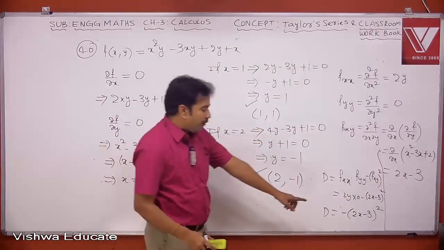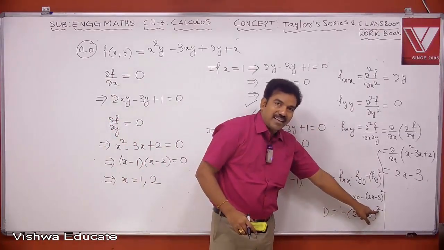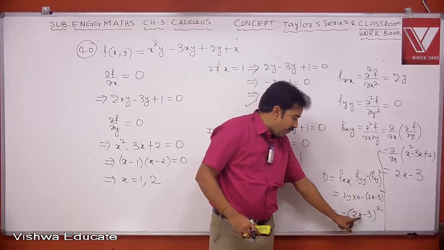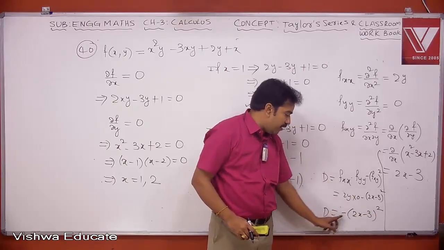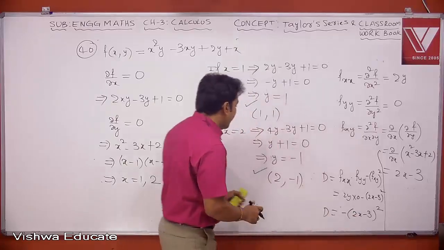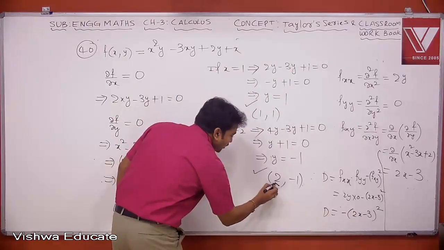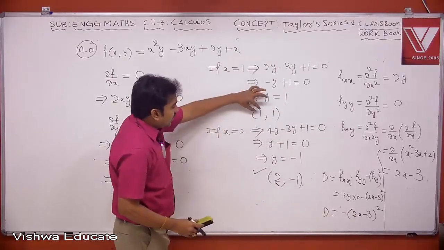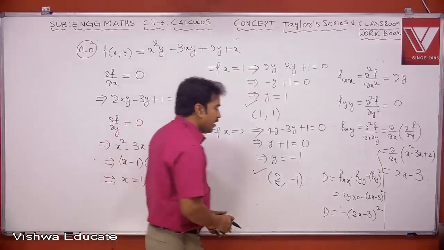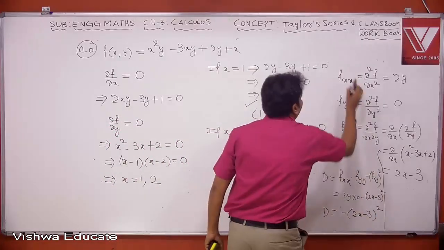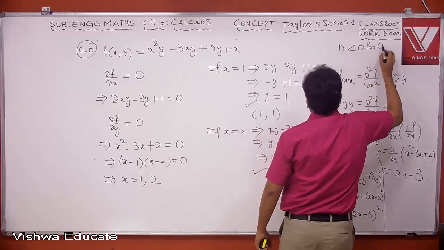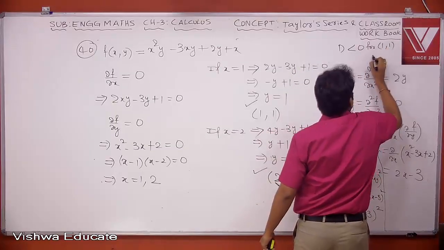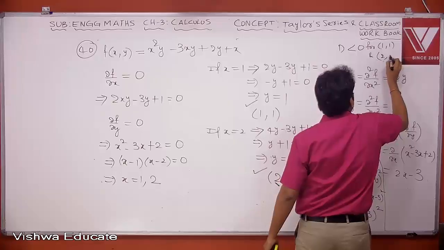Now here we have a power 2, so (2x minus 3) whole square will be greater than or equal to 0. But when will it be 0? D will be 0 only when x is 3 by 2. But in the stationary points, one x value is 2 and the other x value is 1. Therefore D value is negative for (1, 1) and (2, minus 1).